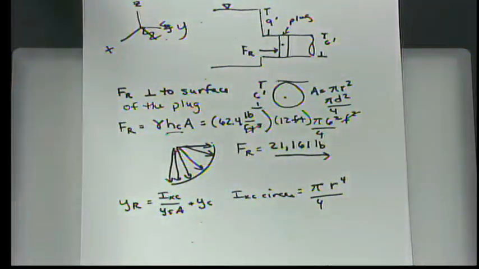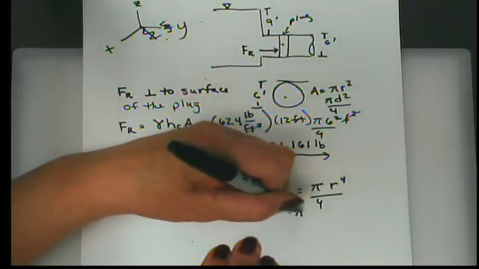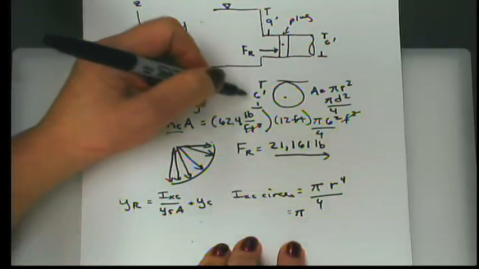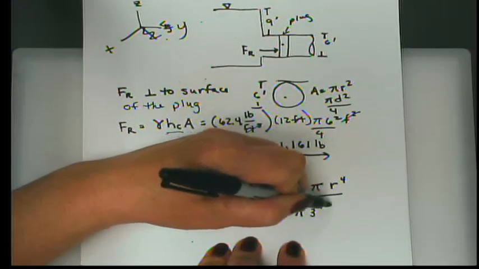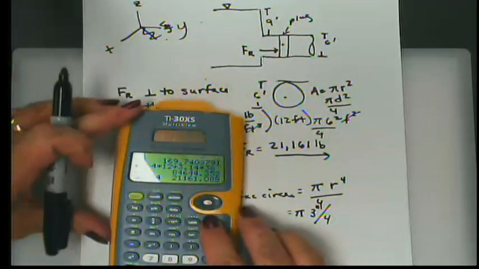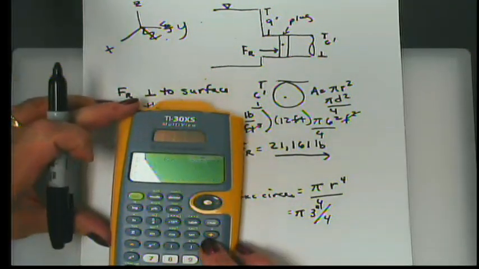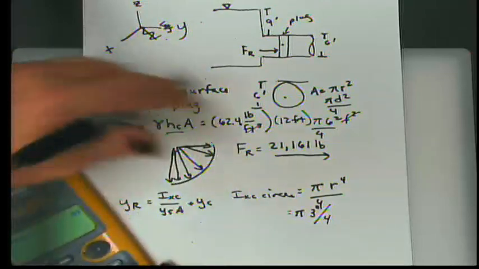Okay. So if I solve for that, I get pi times my radius. If my diameter is 6 feet, that's 3 feet. So that's 3 raised to the 4th power over 4. And 3 to the 4th power is just 3 squared times 3 squared, which is 9 times 9, or 81 feet to the 4th.